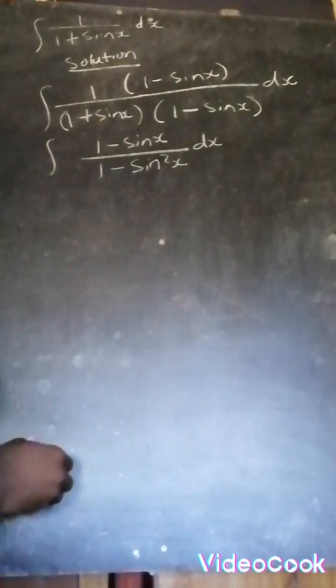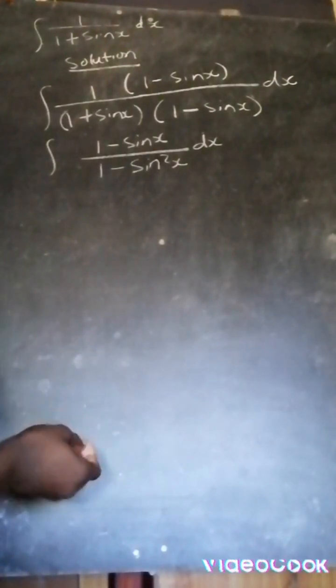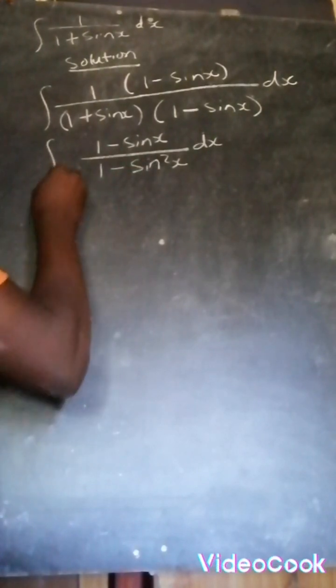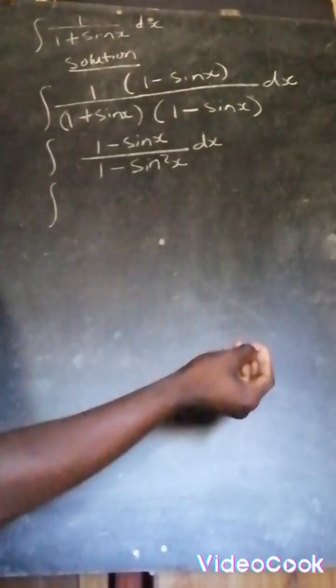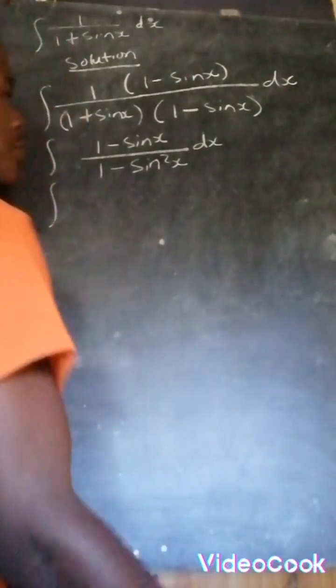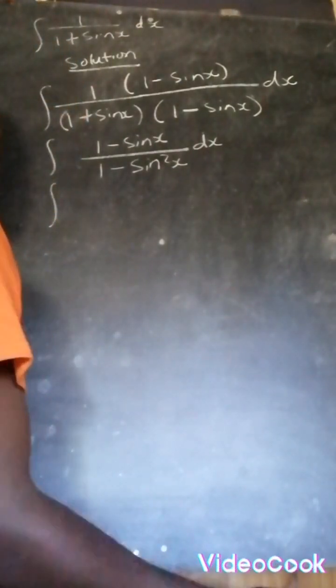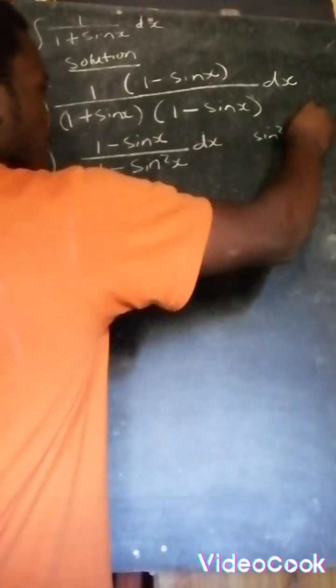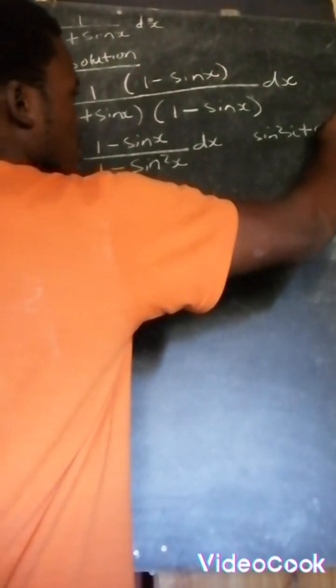Okay, so what will be my next move? My next move now will be changing this denominator into something that I know. I hope you remember from form 5 that sine squared x plus cos squared x equals 1.